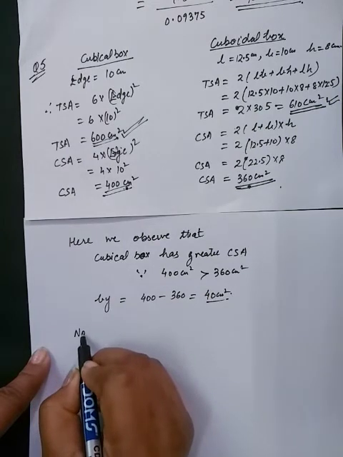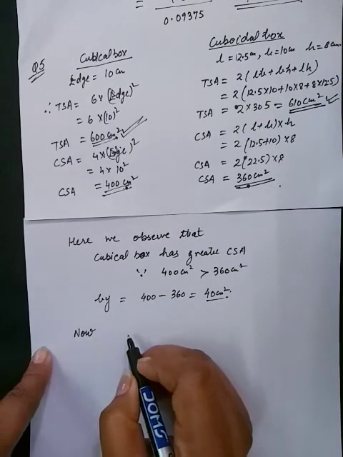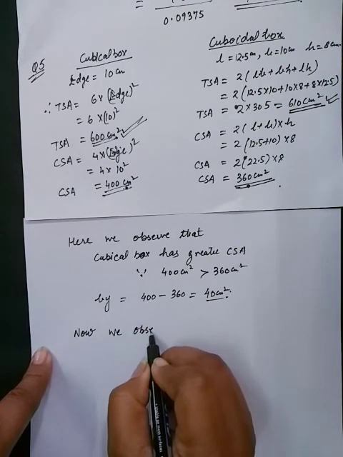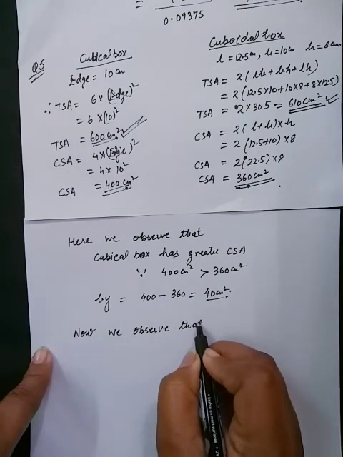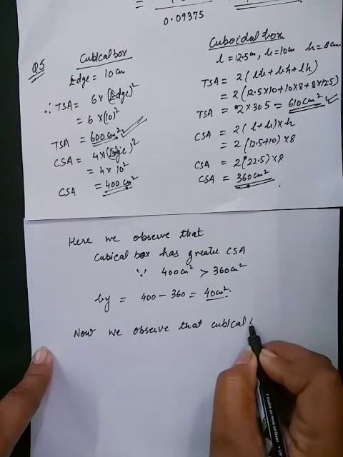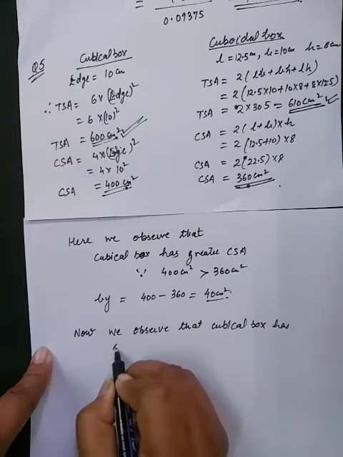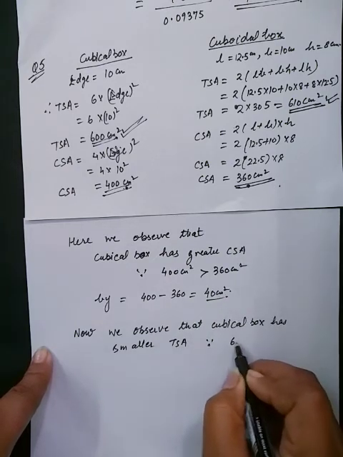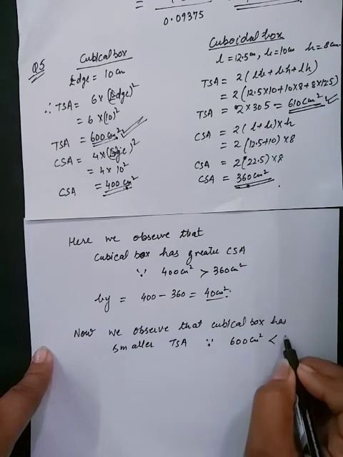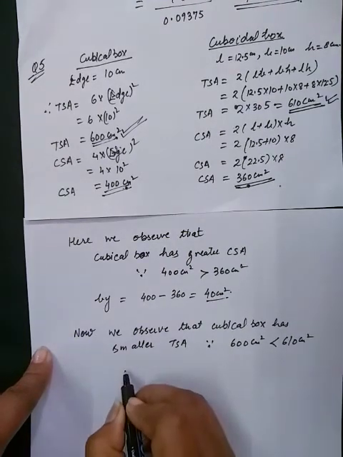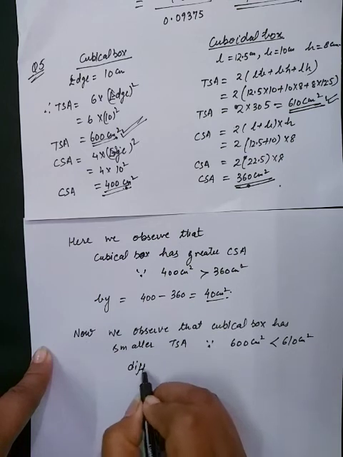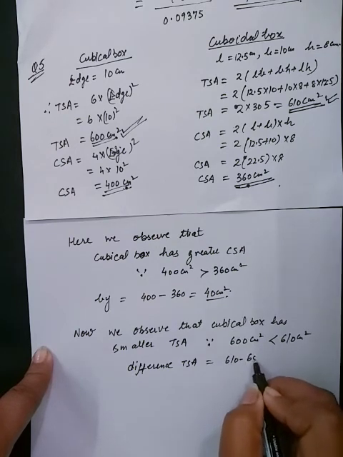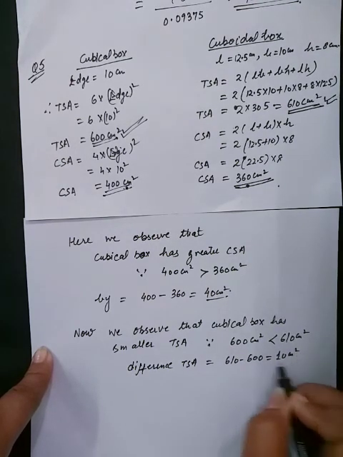Now we are asked to find which box has smaller TSA. We observe that cubical box has smaller TSA because 600 centimeter square is less than 610 centimeter square, and the difference of TSA is 610 minus 600, which is equal to 10 centimeter square.